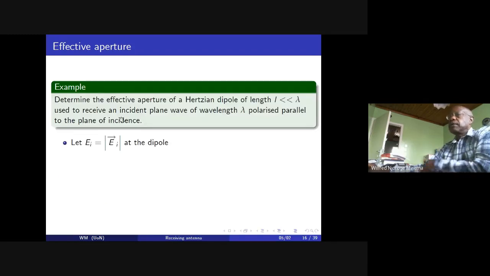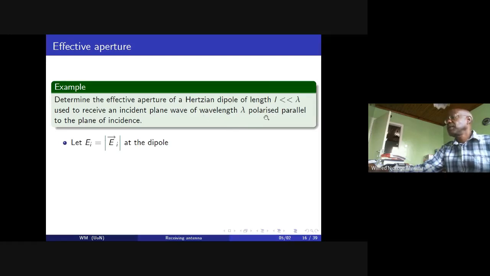So, example: determine the effective aperture of a Hertzian dipole of length L much smaller than lambda, that is the wavelength, used to receive an incident plane wave of wavelength lambda polarized parallel to the plane of incidence. Now, this polarization is from last semester's cases, and I noticed that most of us either cram or don't put a lot of thought into the information given in a question.